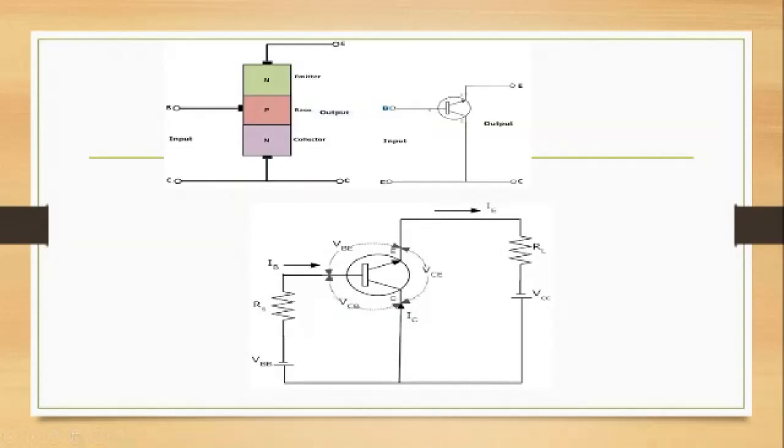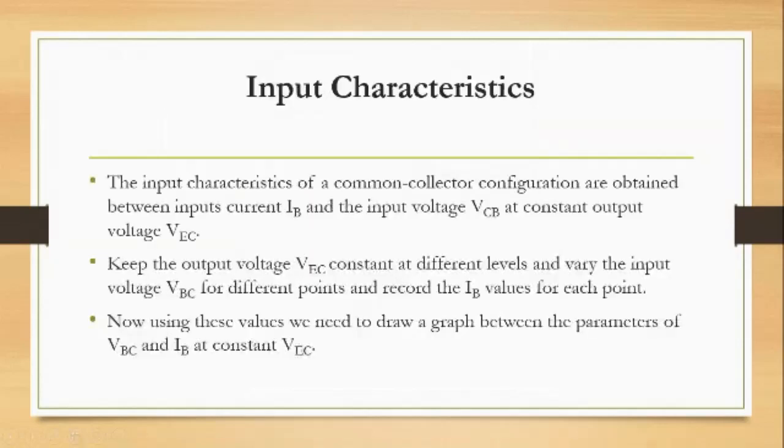Next, what are the input characteristics? The input characteristics of the common collector configuration are obtained between the input current IB and the input voltage VCB at constant output voltage VEC.